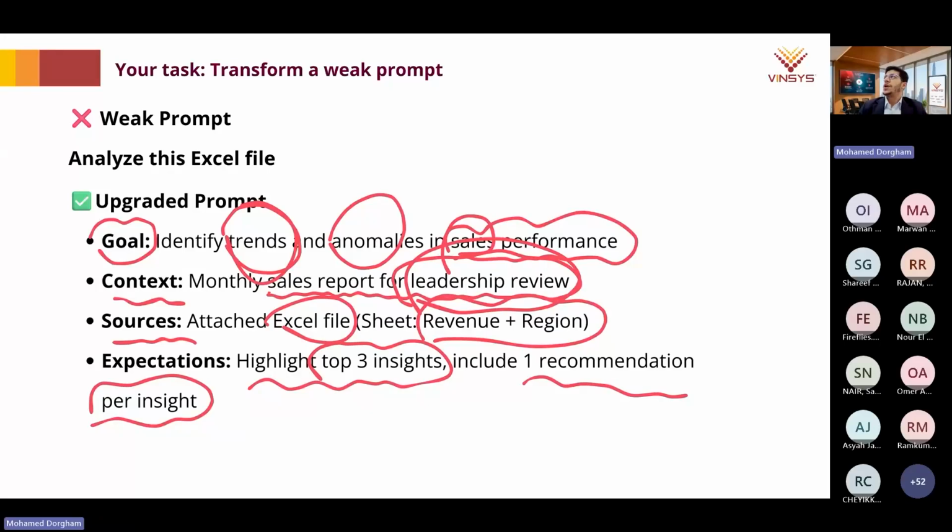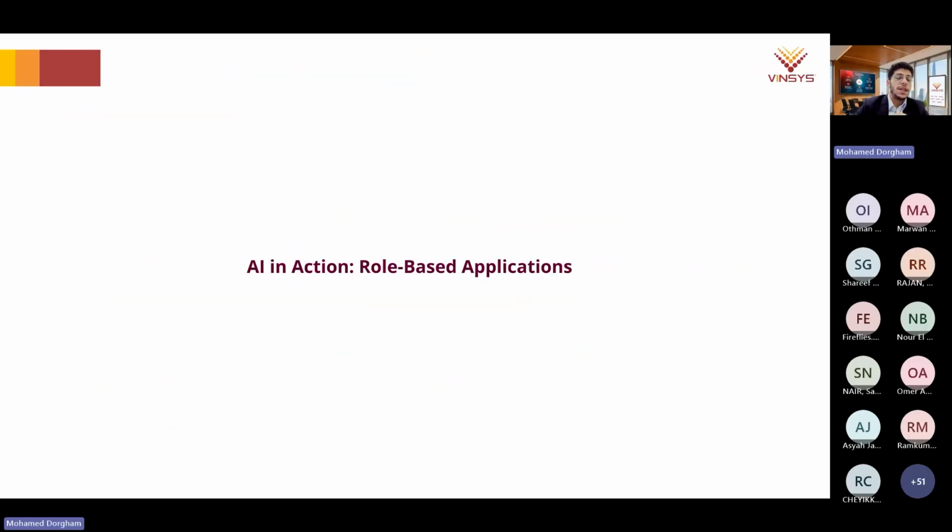So we are here. We recently saw the differences between weak prompt and strong prompt, and we had the discussion about prompt engineering and the best practices for prompting the AI. Now let's discuss in detail how AI can be used in action. And when I say in action, I mean it can be used effectively across multiple organizations and across multiple departments.